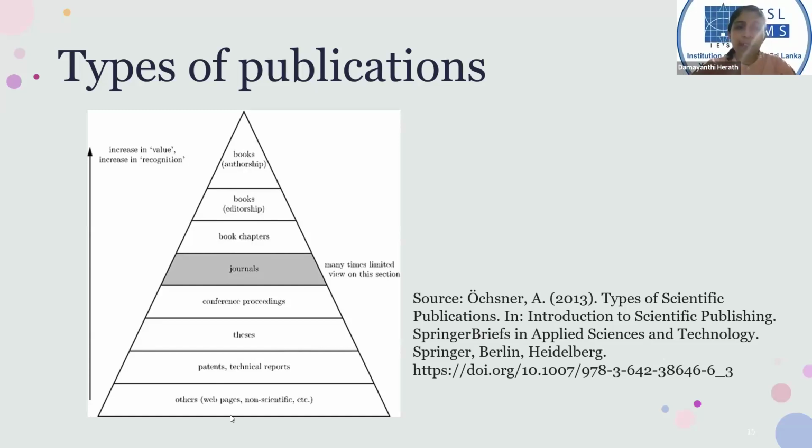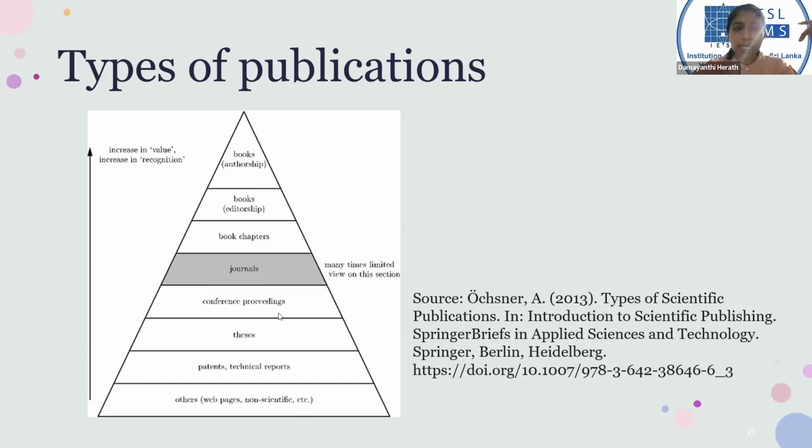Web pages and non-scientific articles are at the bottom. Above them are patents, technical papers, and theses, which are regarded as of more value. More than that are conference proceedings, and usually journals are regarded as higher in value than conference proceedings.